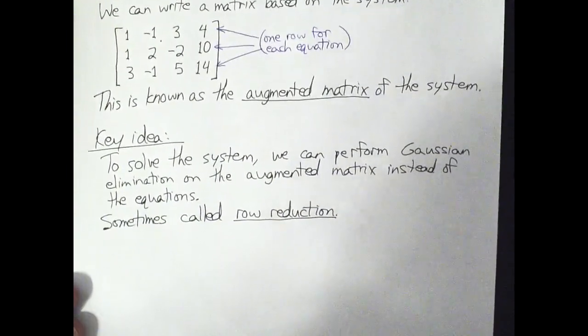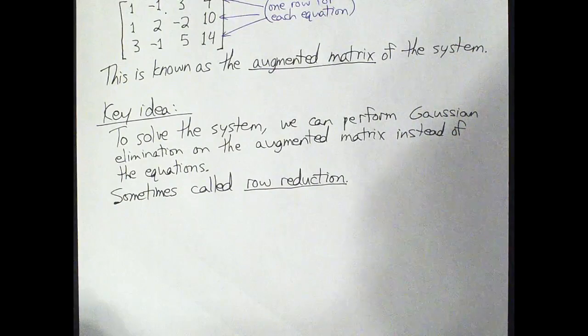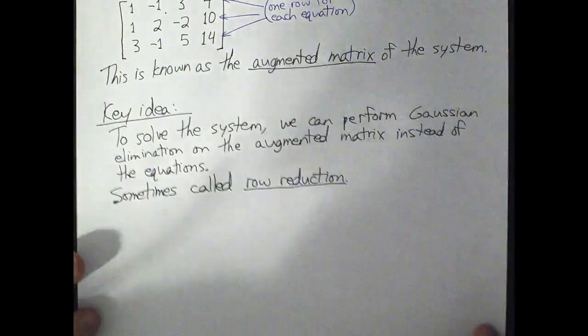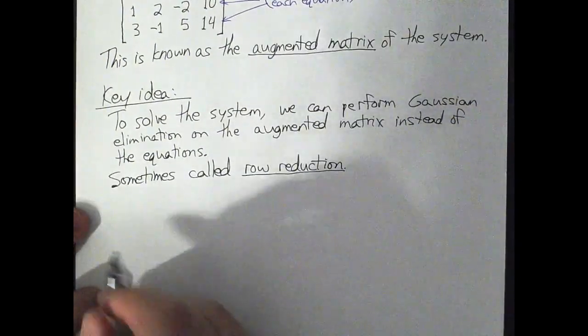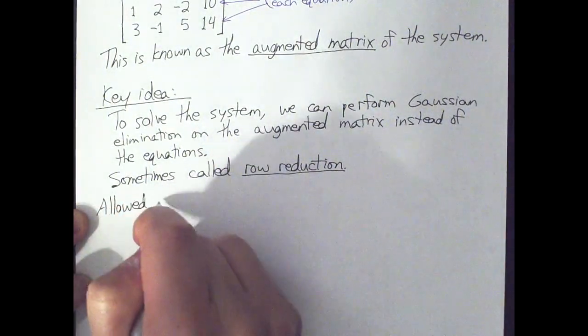You remember a little bit earlier I had the 3 steps that we were allowed to use some combination of. Gaussian elimination essentially was a combination of 3 steps. I don't even think we used all 3. But anyway, we should remind ourselves what these steps are.